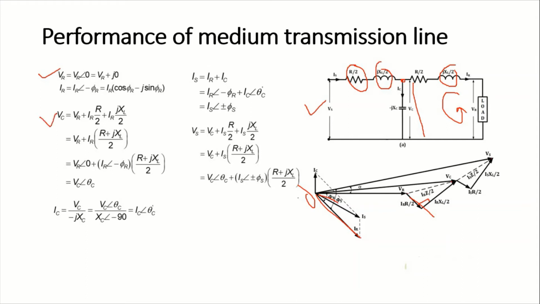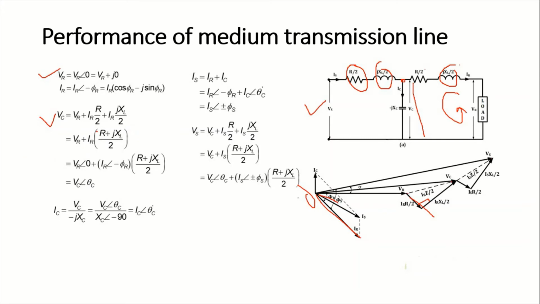Now the voltage across the capacitor VC is equal to VR plus IR into R by 2 plus IR into jXL by 2, the voltage drop in the resistance and this inductor due to the receiving end current.